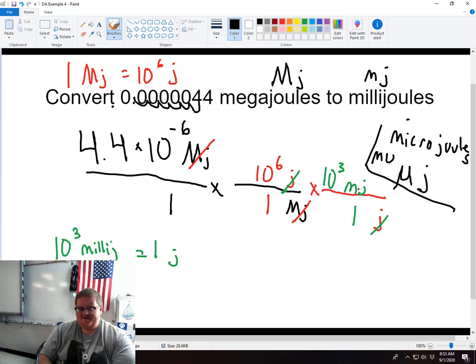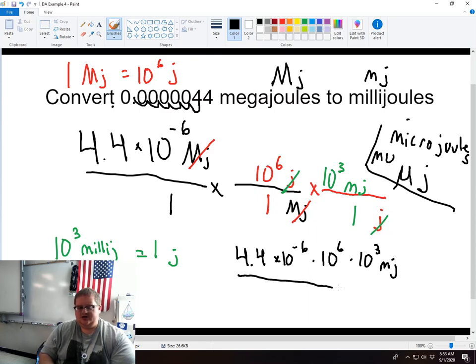So I know that I'm finished, and now I just need to do the math to get my answer. I'm going to multiply and see if anything cancels. I don't see anything that cancels, so I'm going to multiply all the way across the top: 4.4 times 10 to the negative 6 times 10 to the 6th times 10 to the 3rd millijoules, and on the bottom is just 1 times 1 times 1.